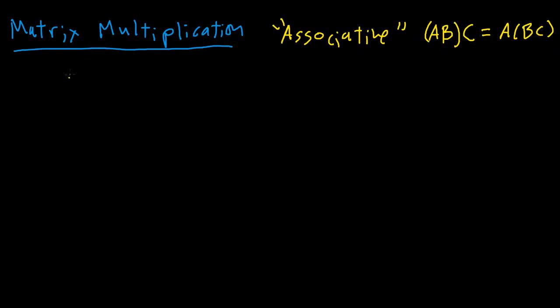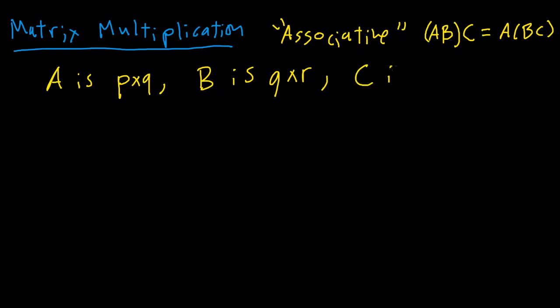So let's say A has dimension P times Q, B is Q times R, and C is R times S. Because here we have Q and Q, and R and R, these can be multiplied in the way we want.